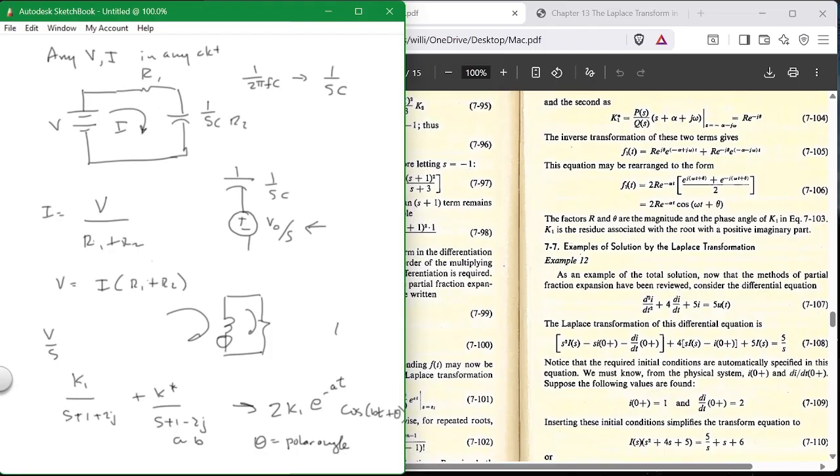So if you get k is equal to a number at an angle, this number is k, and this theta is this number right here.